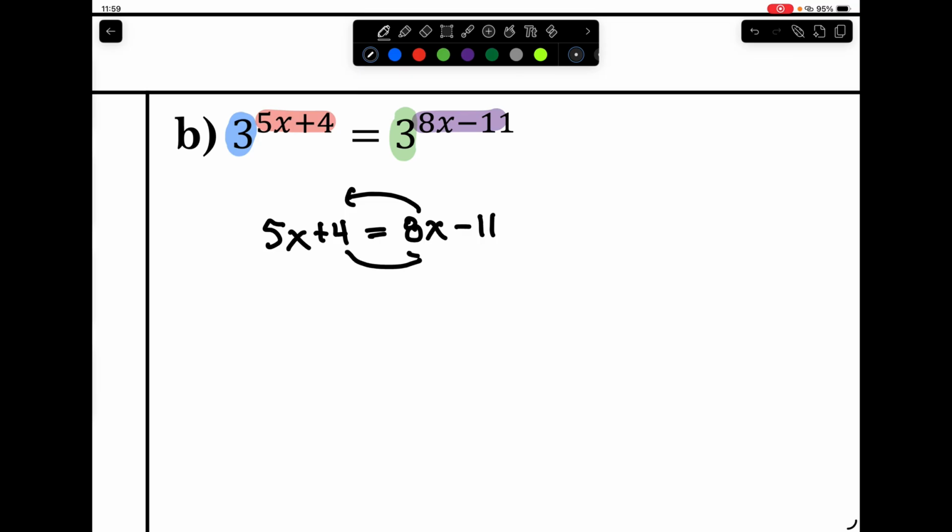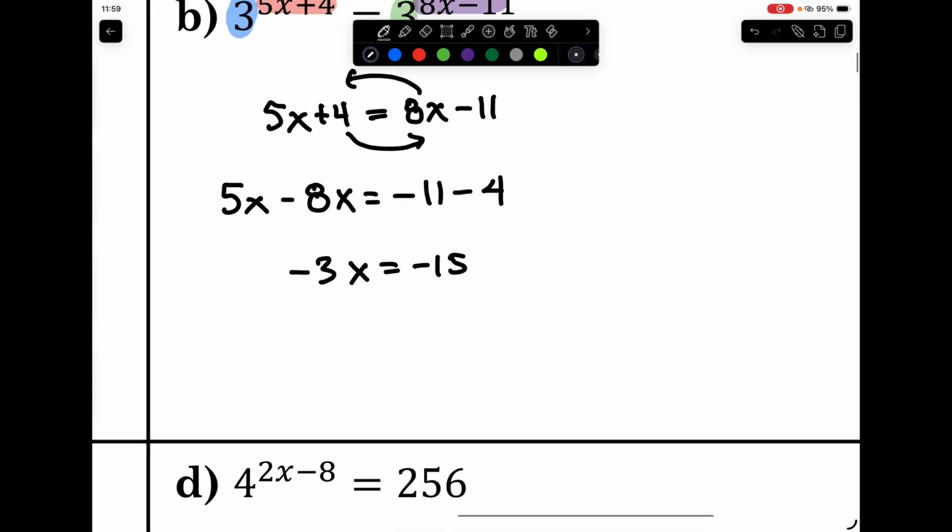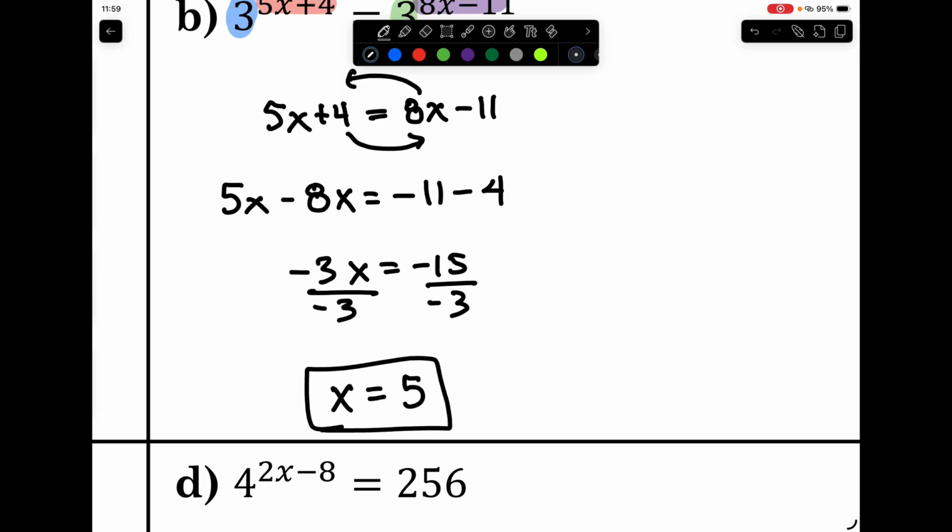Transposing these two terms, we have a positive 5x minus 8x, and on the right side of the equation, we have a negative 11 and now a minus 4. Simplifying the left side, 5 minus 8 is negative 3, and negative 11 minus 4 is negative 15. We'll divide by negative 3, and our value of x is positive 5. And there you have your solution to this exponential equation.